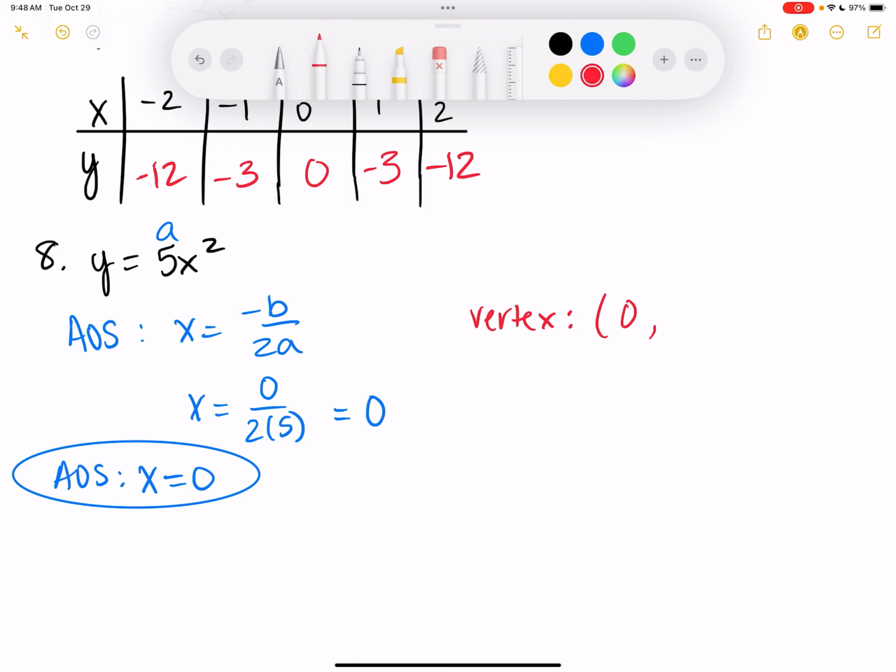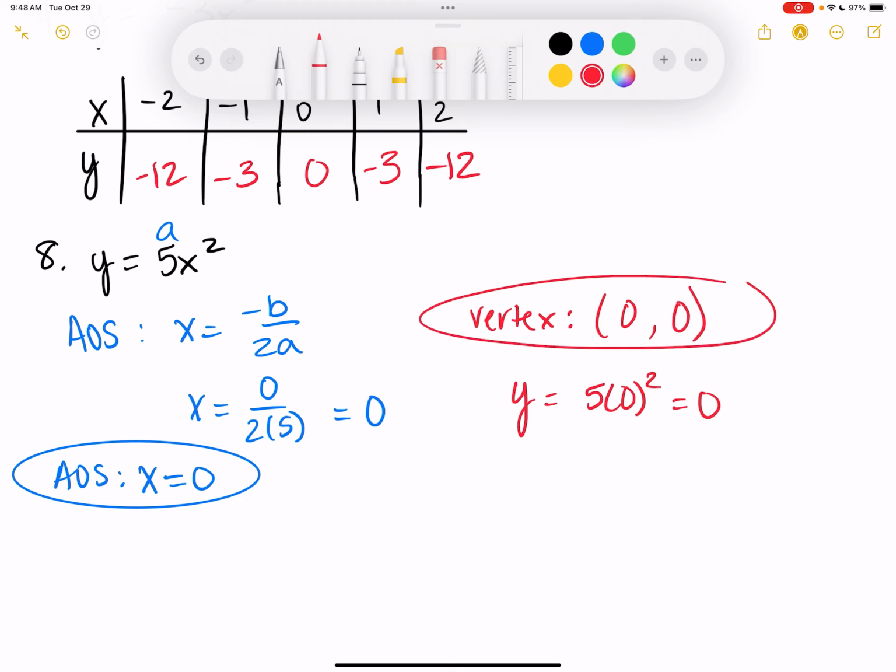So y equals 5 times 0 squared, which is 0. So that means that my vertex is at 0, 0. The ones that only have one little piece here, those are going to be your favorite ones because they're always going to be at the vertex of 0, 0.